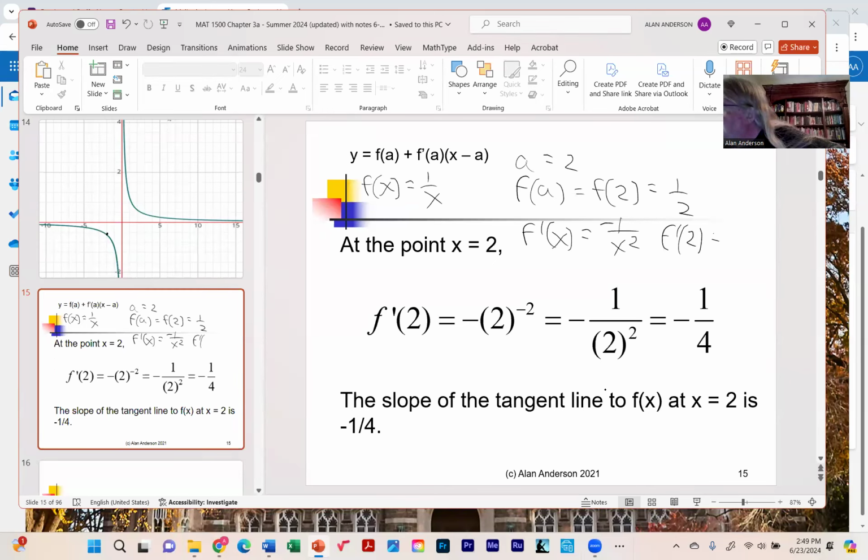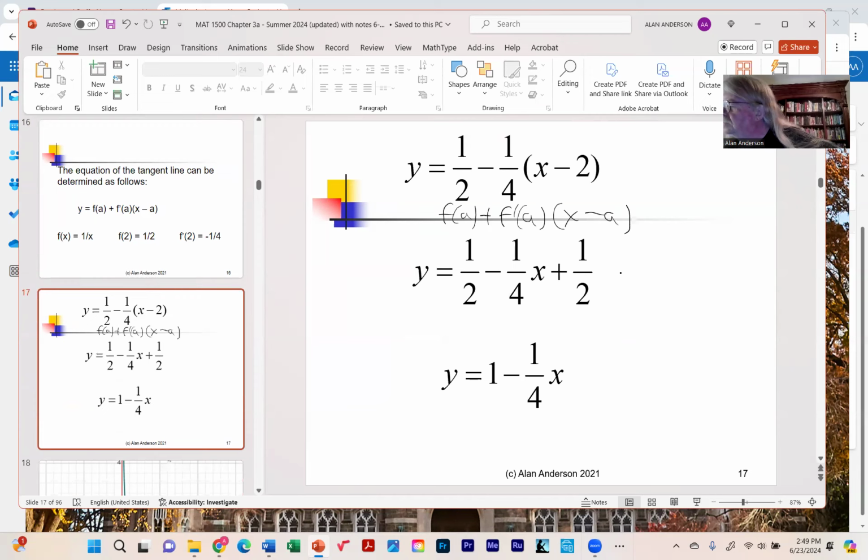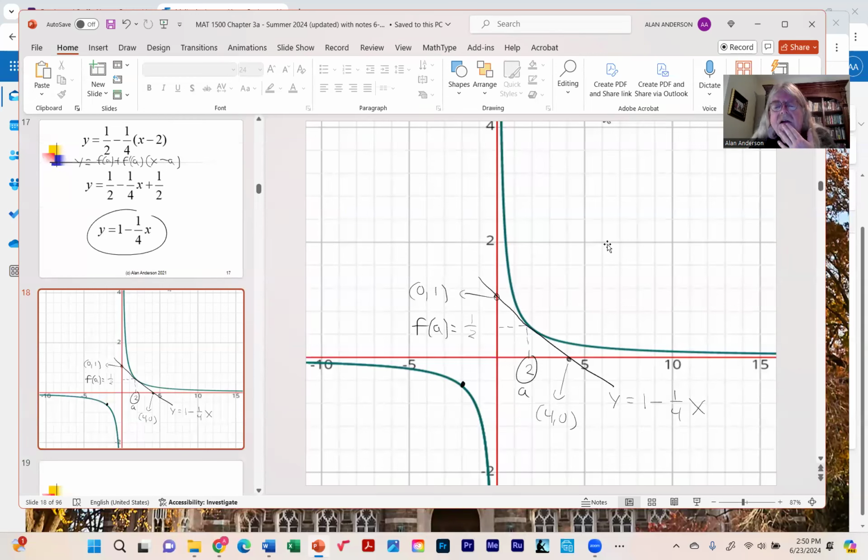Okay, so again, this is f of A. This is f prime of A. And this is x minus A. And then when you do a little algebra, this is your final result, 1 minus 1/4 of x. And that looks good because, although I've only sketched it in here, you can see that this is consistent with the vertical intercept being (0, 1) and the horizontal intercept being (4, 0).